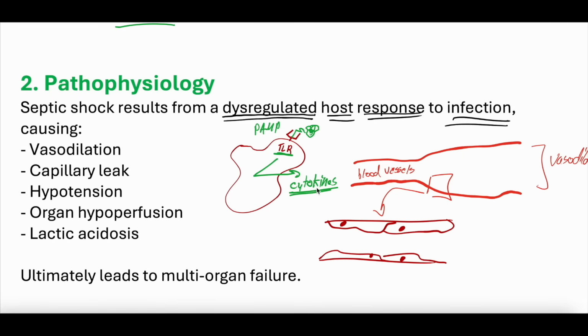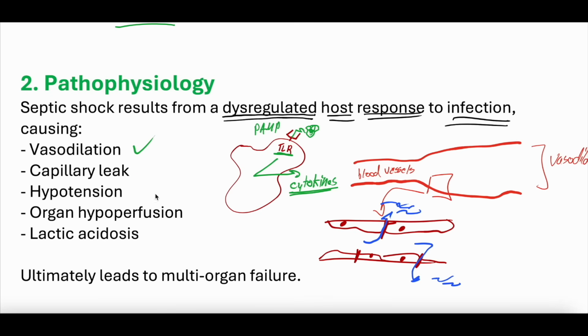But what can happen is these cytokines, when they attract the inflammatory response, as well as some of the receptors on the endothelial cells, causes some capillary leakage. So these endothelial cells start to create openings within the blood vessel wall that allows fluid and cells and molecules to leak out of the blood vessels into the interstitium. And that's increased capillary permeability or capillary leakage.